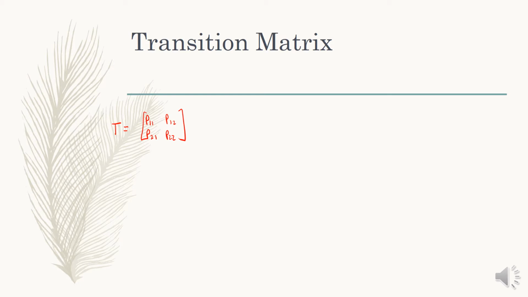From our problem, we know that P11 was 0.9, and I know that P22 was 0.8. The question is, what is P12 and what is P21? Well, if the probability of staying at Murphy's was 90%, that means that the probability of leaving had to be 10%. So P12 is 10%.